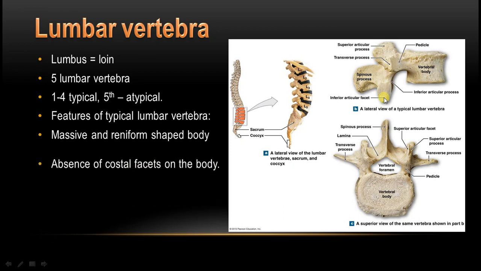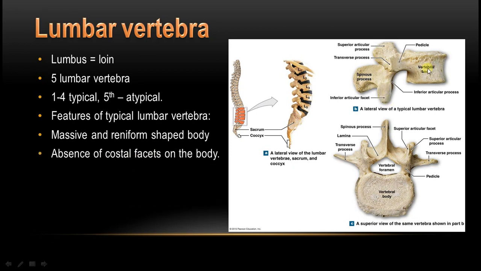So, a massive reniform shaped body, and absence of costal facets, which we have seen in the thoracic vertebrae for the articulation of the ribs. The demifacets, or at least a single facet in the atypical thoracic vertebra, are all absent. No costal facets on the vertebra.